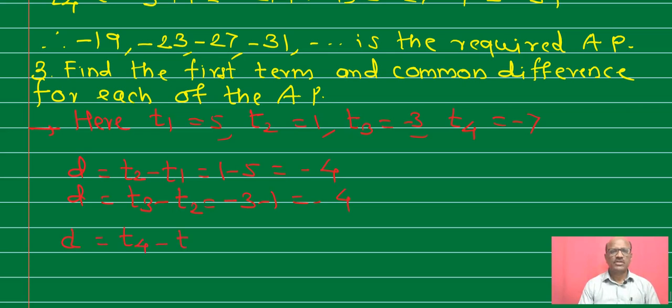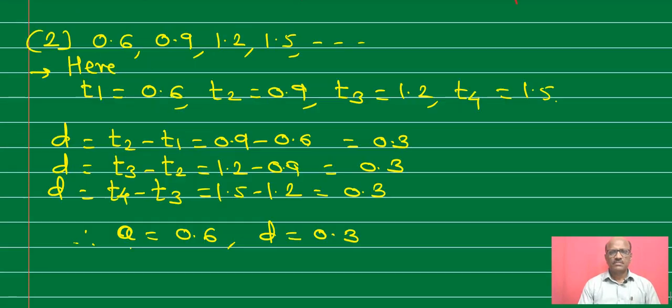Again D is equal to T4 minus T3, minus 7 minus in bracket minus 3, then minus minus will become plus, that is minus 4. The first term A is equal to T1 is equal to 5 and D is equal to minus 4.